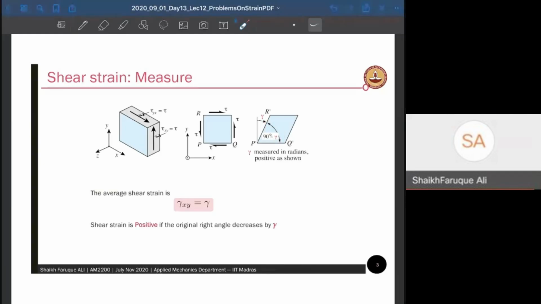If it changes to something greater than 90 degrees, which is pi by 2 plus something, that gives a negative shear strain. Gamma xy is called the engineering shear strain, given by the change in angle from 90 degrees. It is positive when the changed angle is lesser than 90, and negative when the changed angle is greater than 90.